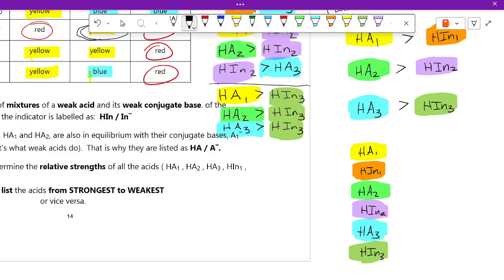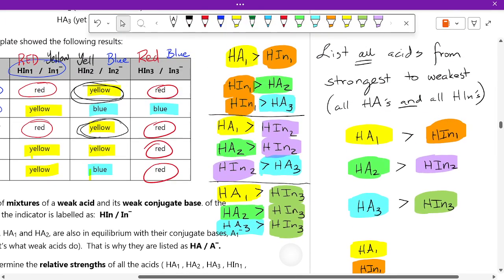Okay, so basically it comes down to ordering all of your weak acids, ordering all of your weak acid indicators, and then making the two lists go like that. Okay? And I think I have a lot of pages on here about this, but it all just boils down to what we just did.